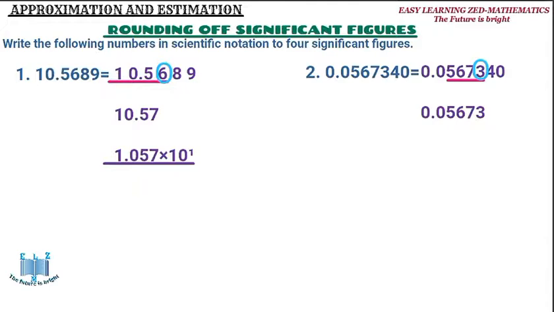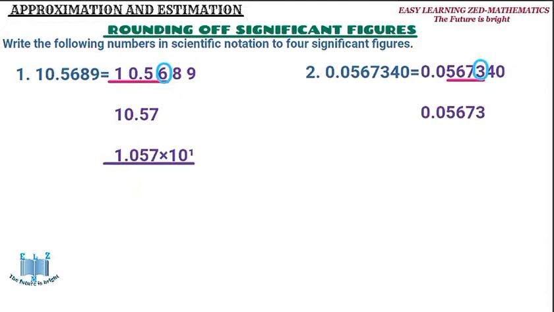Now that we have done that, we need to write this number in scientific notation. The decimal point will move 2 steps going to the right, so it will come between 5 and 6. The first step it will go between 0 and 5. The second step it will go between 5 and 6.